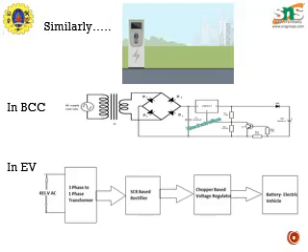Similarly, in BCC we are using an uncontrolled rectifier, that is a bridge rectifier with the help of diodes. But here we are using an SCR based rectifier. This is a controlled rectifier. And then a chopper device for regulation. In BCC we are using only simple IC 7805 ICs.